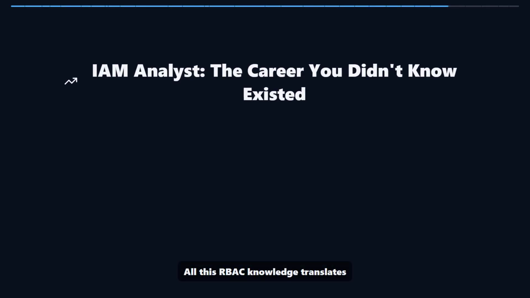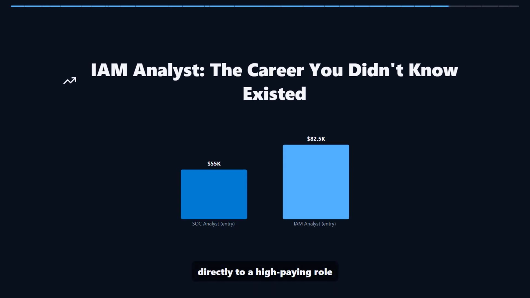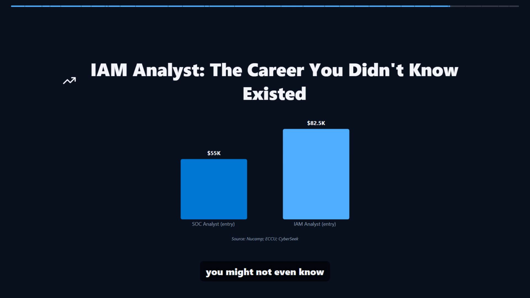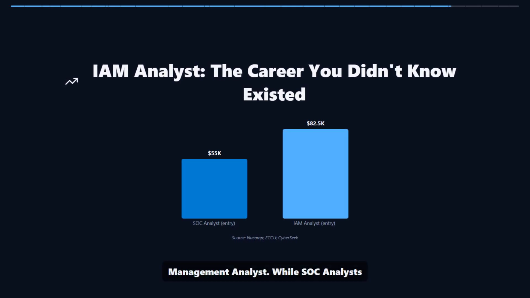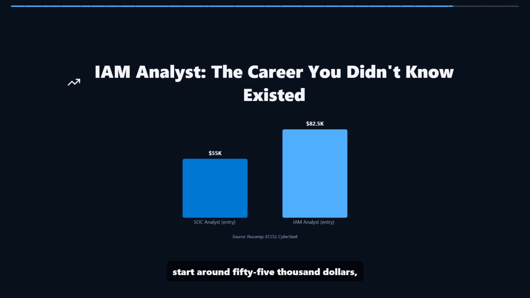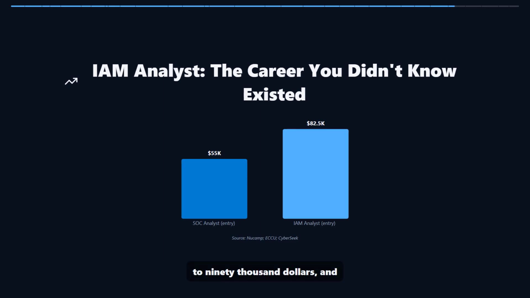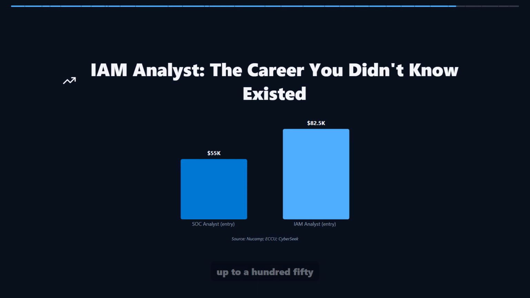All this RBAC knowledge translates directly to a high-paying role you might not even know about: Identity and Access Management Analyst. While SOC analysts start around $55,000, entry-level IAM analysts earn $75,000 to $90,000, and remote IAM specialists can reach up to $150,000.